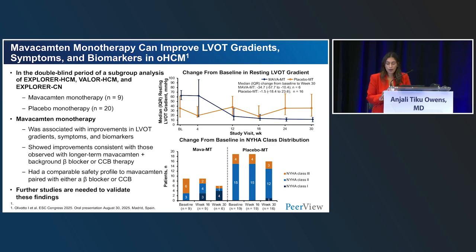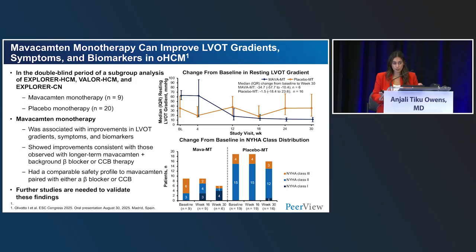So what do we know about mavacamten monotherapy? I've just shown you slides from a phase 3 trial on aficamten monotherapy. What about mavacamten monotherapy? Well, we don't have the exact same trial design that's been done with mavacamten. We have a smaller analysis that was presented again just recently at ESC by Jacopo Olivotto, looking at the patients within the trials who were not on background therapy.